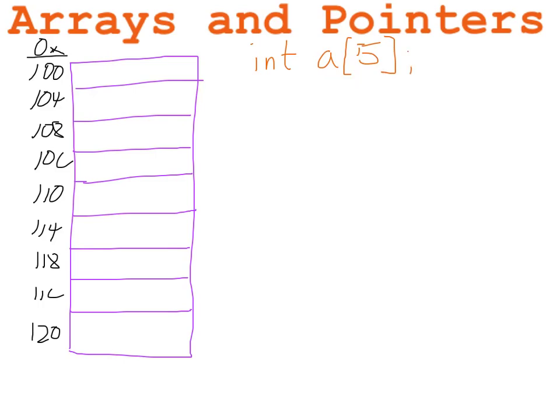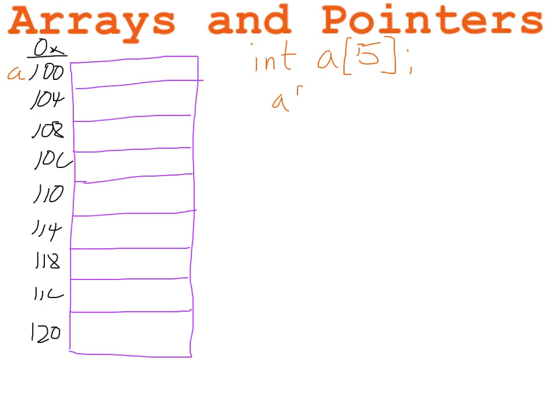And so just like regular integers, our array A in this case would get mapped to some location in memory, wherever that variable happened to be allocated. Let's say that it's allocated at address 100 here, just for simplicity. So address 100 is also known as A. We can set elements of our array using this same square bracket notation.